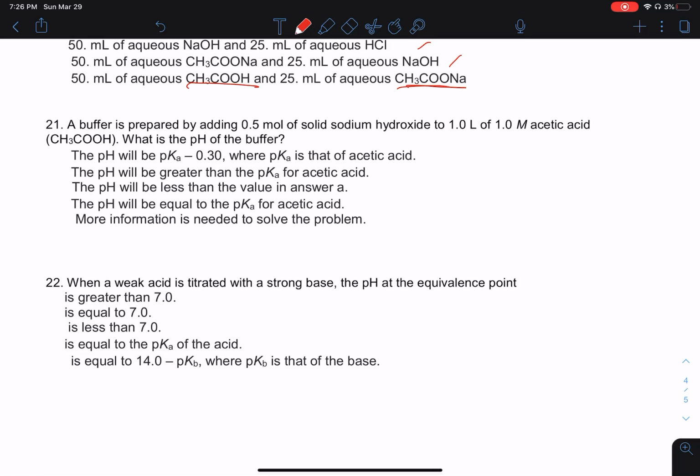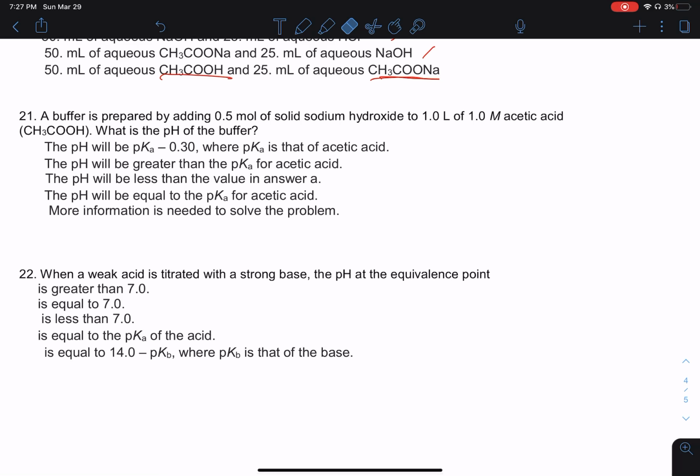So for 21, it's asking, a buffer is prepared by adding 0.5 moles of solid sodium hydroxide to 1 liter of 1 molar acetic acid. What is the pH of the buffer?